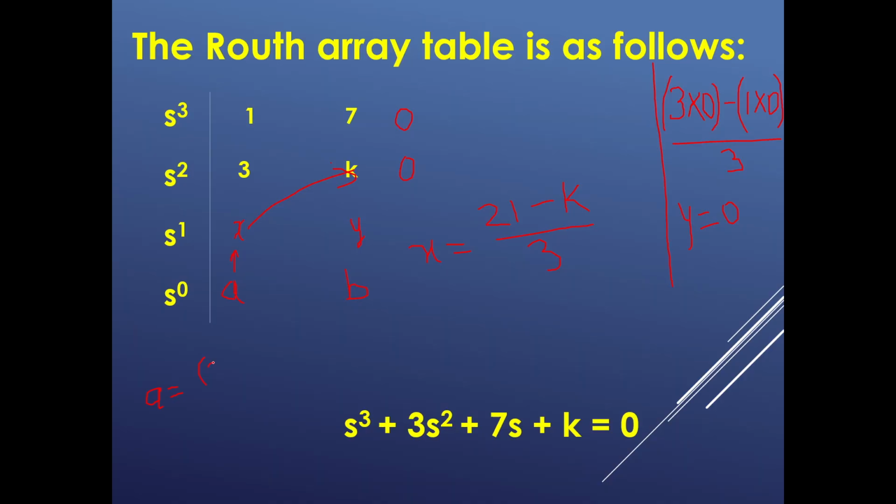Okay, X, what is X value? 21 minus K by 3, isn't it? So I didn't write it there.